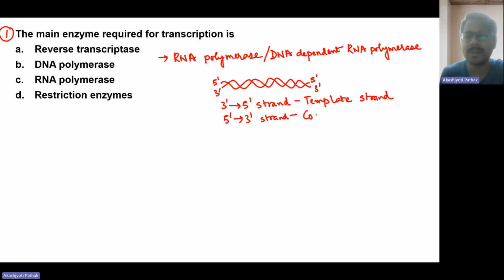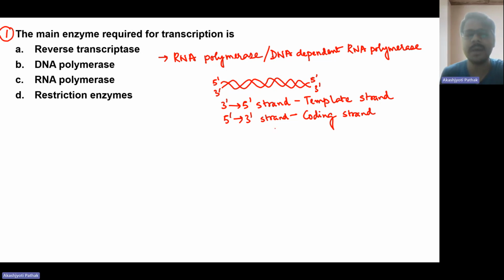Why is it called the coding strand? Because its sequence is the same as that of the newly synthesized RNA. The sequence of the newly synthesized mRNA is similar to the sequence of the 5' to 3' strand.